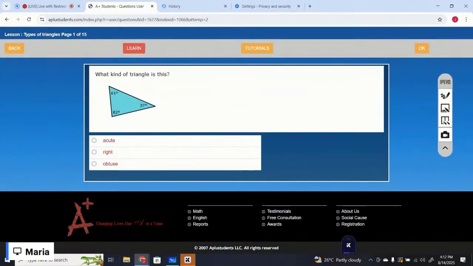What kind of triangle is this? The triangle has angles that measure 61, 60, 82, and 37. So all the angles are less than 90 degrees. So that means that is the acute triangle.